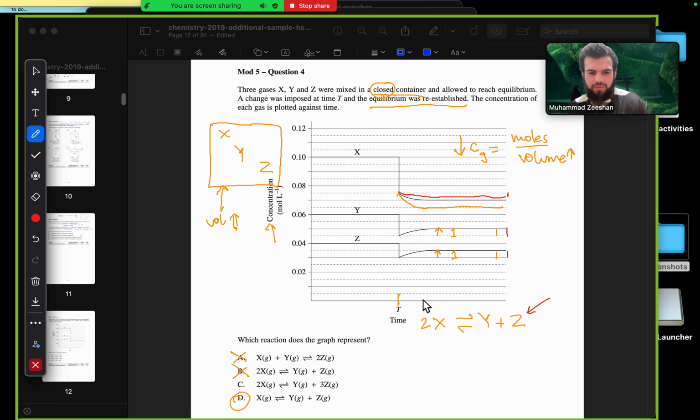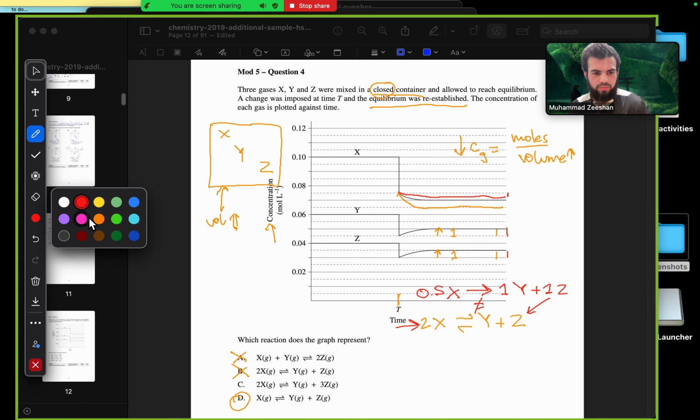No, because if you took 0.5 moles of X and you formed 1 mole of Y and 1 mole of Z, then that is not equal to this. Does not equal this reaction. Okay, yeah. That makes sense.